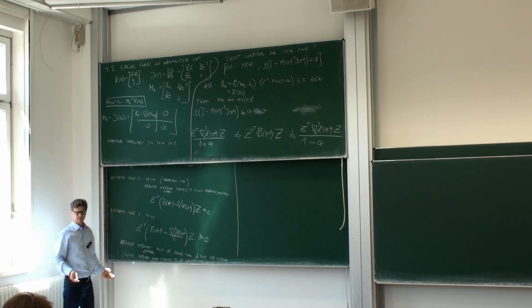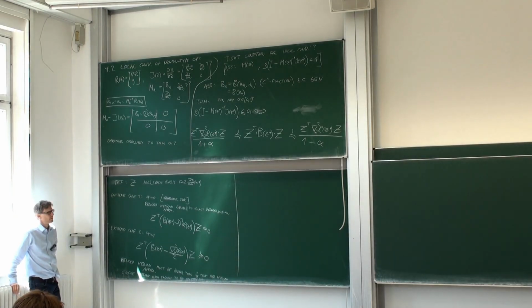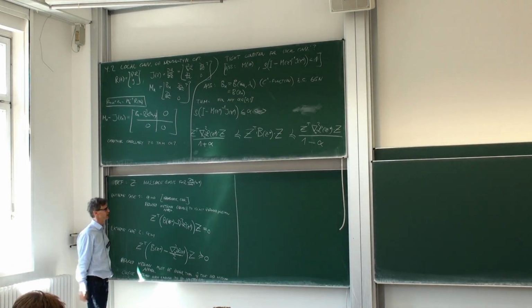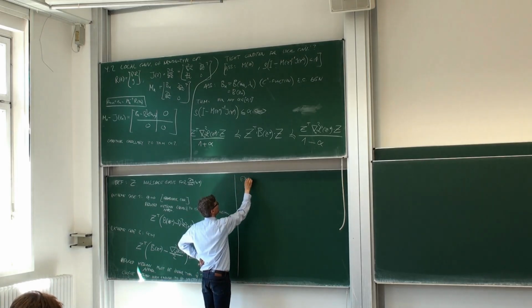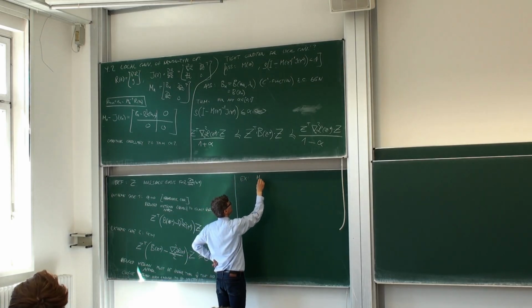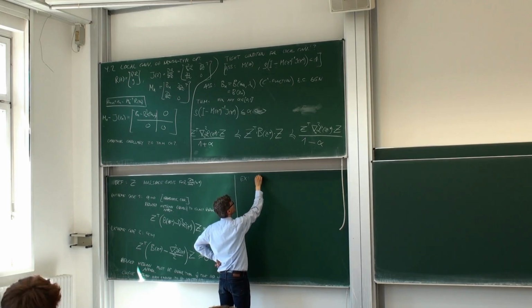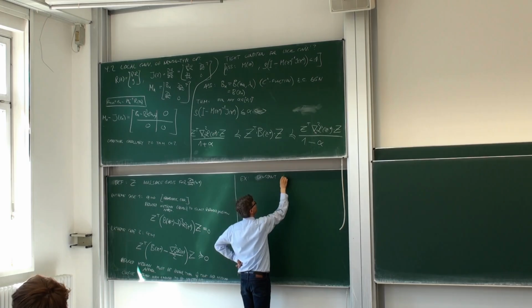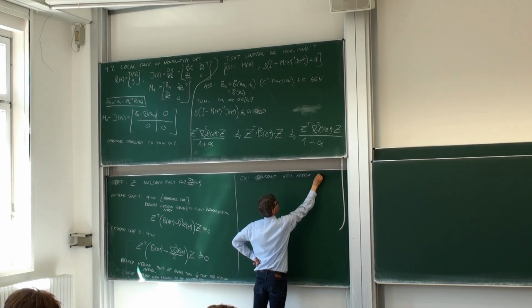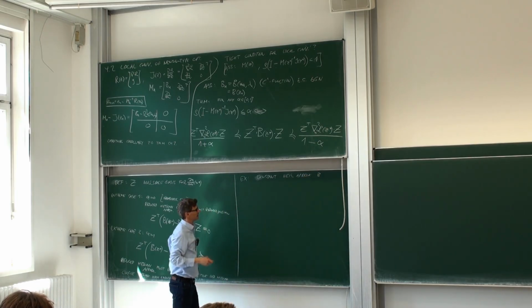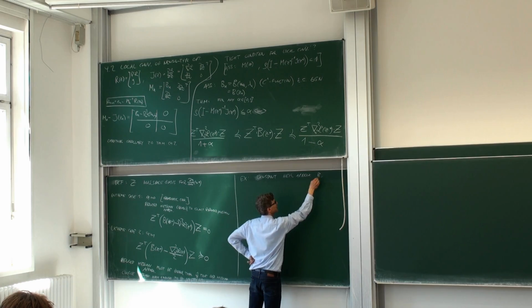I want to give you an example for this, because otherwise it's a bit useless, right? An example, I will choose a constant Hessian approximation B, and I will only regard the unconstrained case.